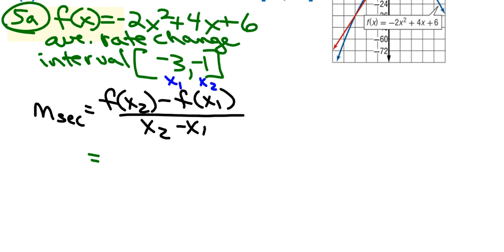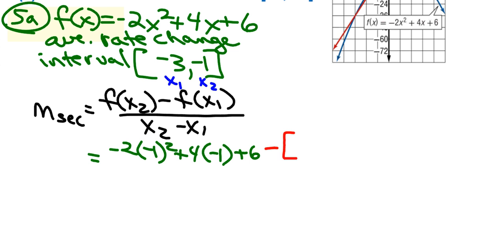So I have f of -1. I'm putting -1 in here: -2 times -1 squared plus 4 times -1 plus 6. I'll color code it as I go. And then the tricky part is I'm going to subtract f of x1.